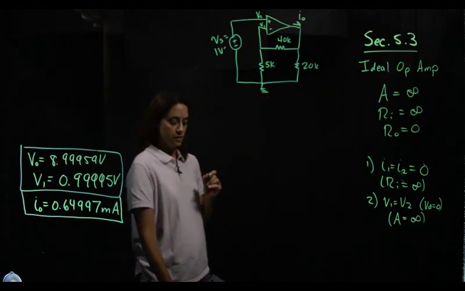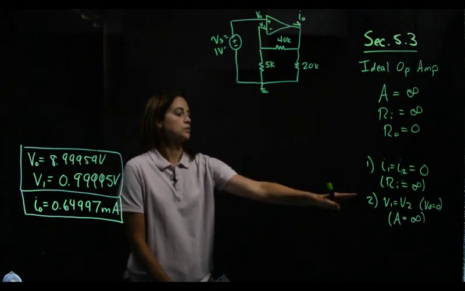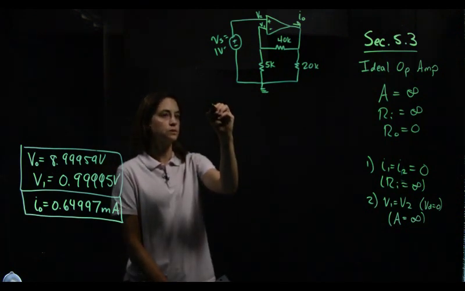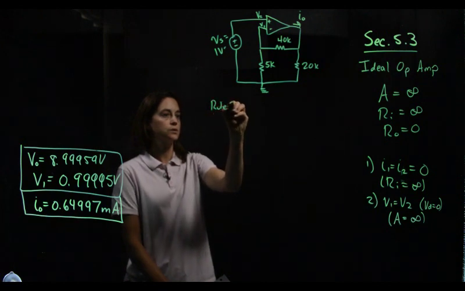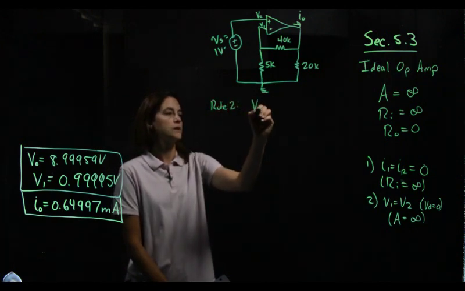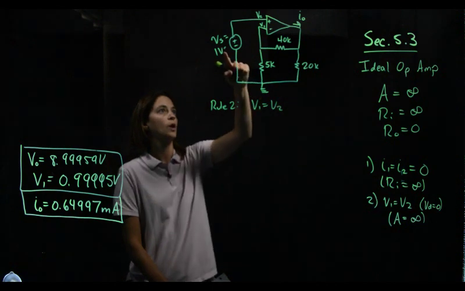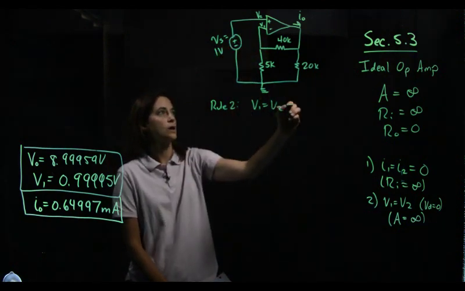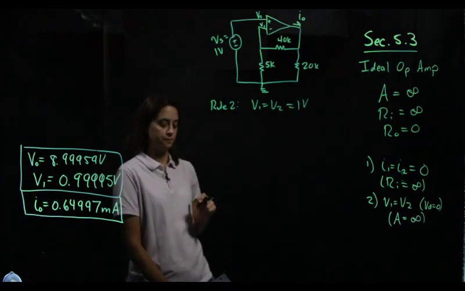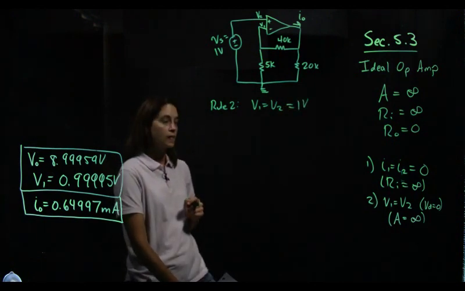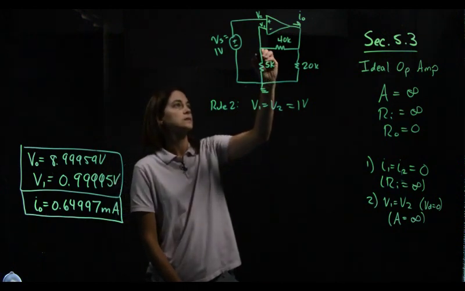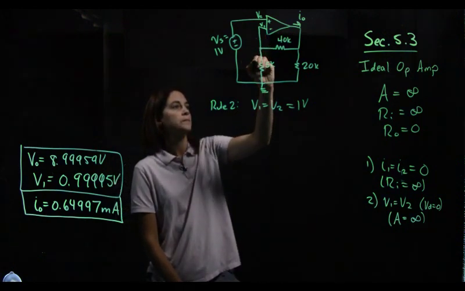Okay, so let's look at rule number 2. V1 is equal to V2. So rule 2 tells us that V1 is equal to V2. Well, V2 is just 1 volt, so V1 must be 1 volt. There we go. We're done with that one. So we know we have 1 volt here.